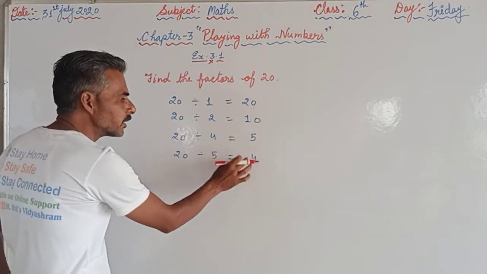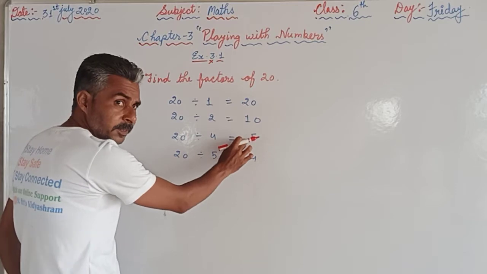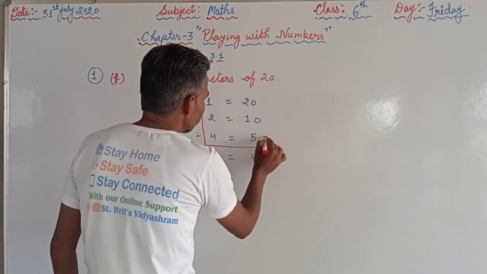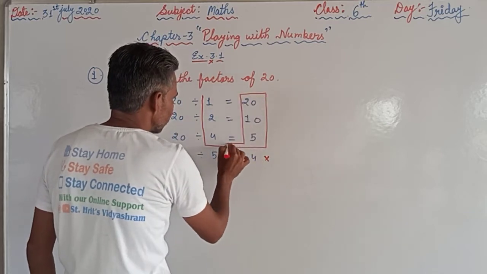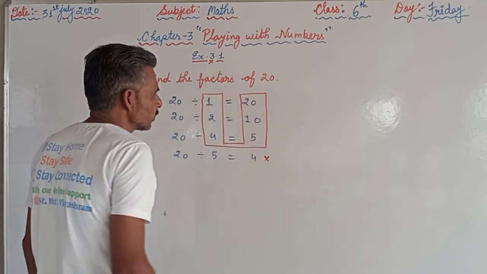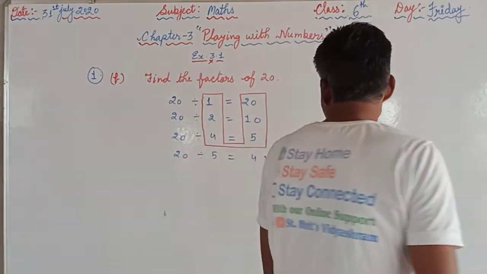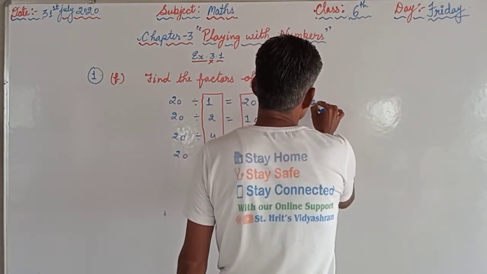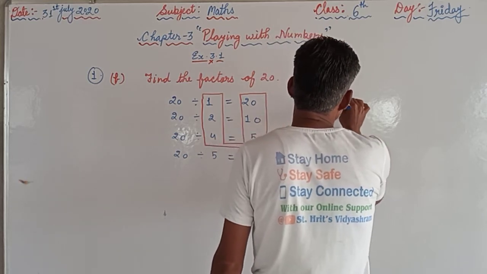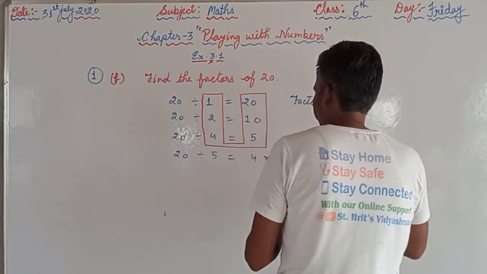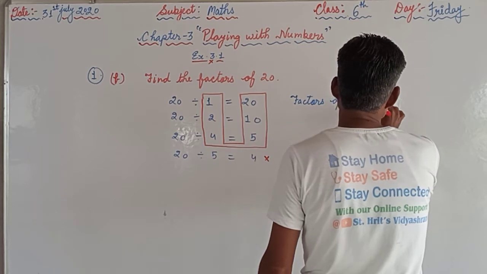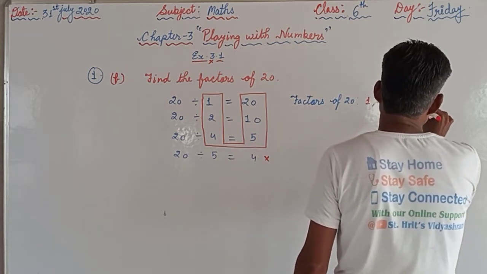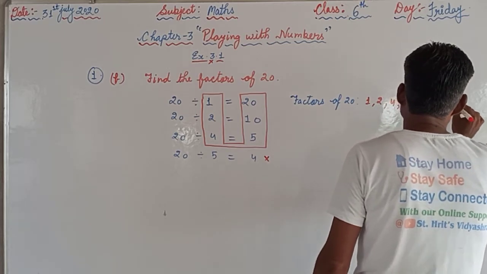Now 4 has been repeated here, 5 has been repeated here. So we will stop here and we will draw one box like this, and the numbers within the box will be the factors of 20. So the answer, factors of 20 will be 1, 2, 4, 5, 10 and 20.